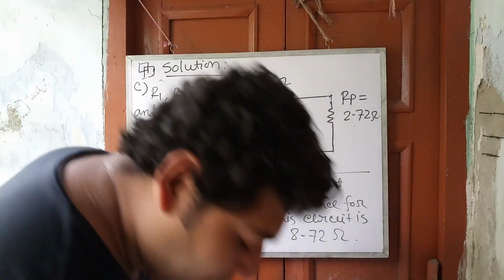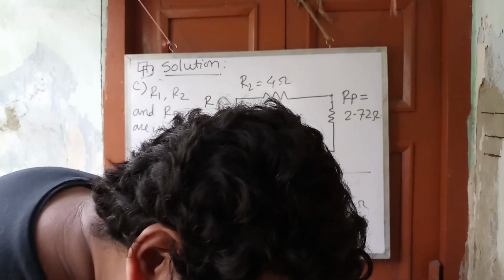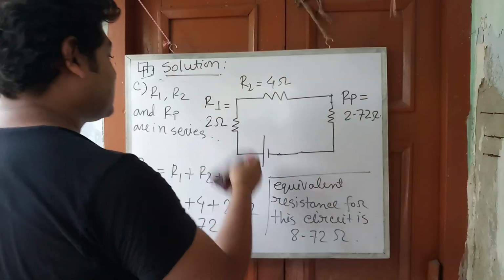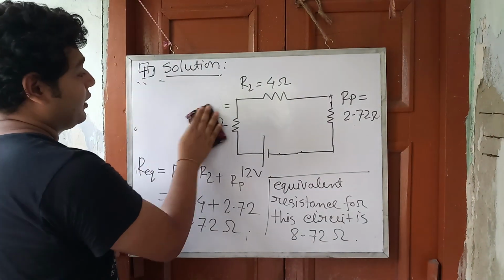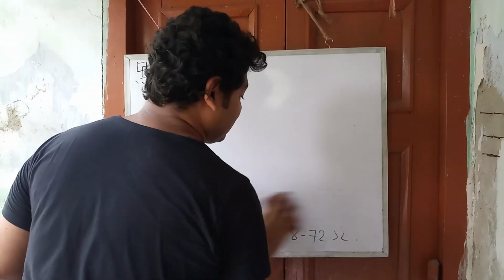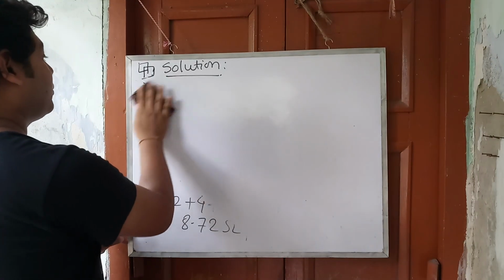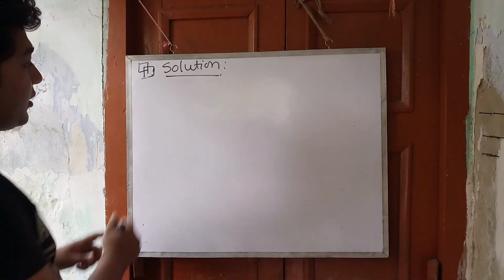Then we will calculate the cost for this circuit. I'm removing these resistances and this circuit. We don't need the circuit for calculating question number D.